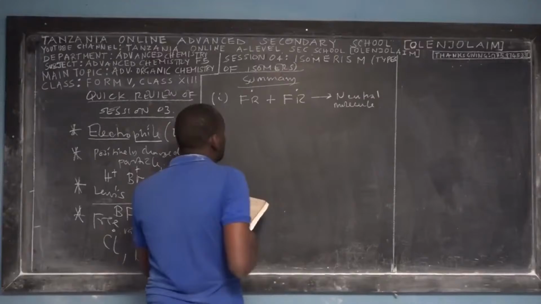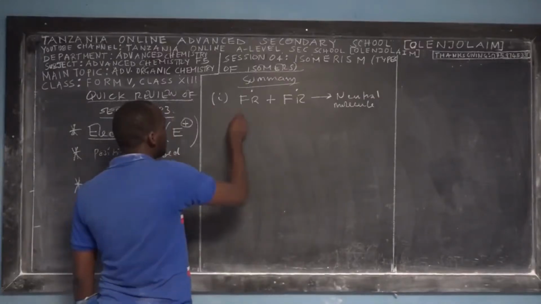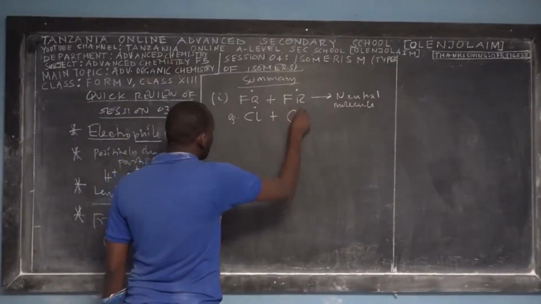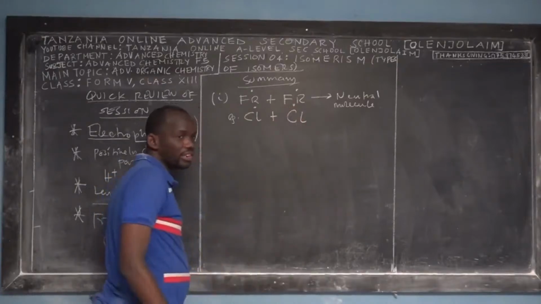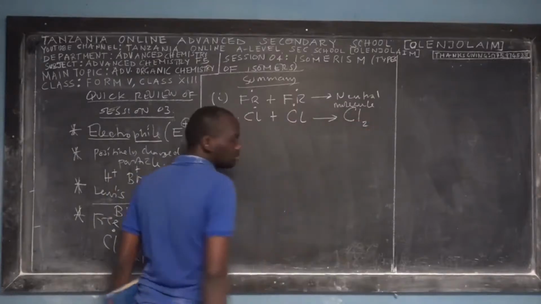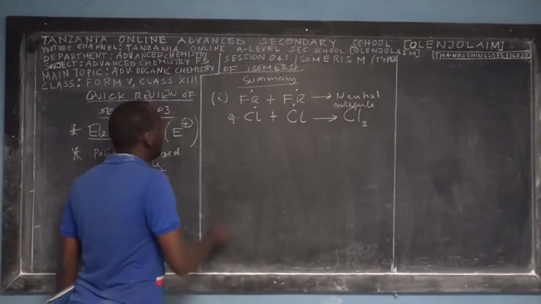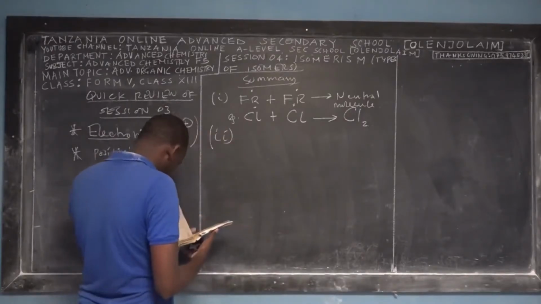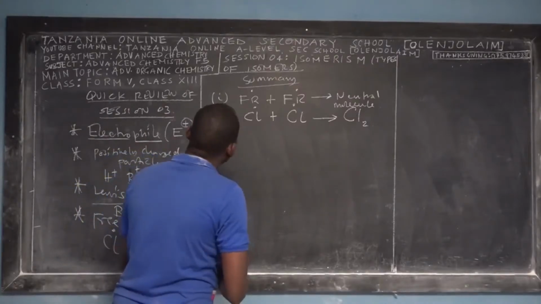What does it mean? For instance, if we take one chlorine free radical and another chlorine free radical, what are you going to have? You're going to have a chlorine molecule. And hence again, this is very important. This is not a quick review now, I'm giving you important information.